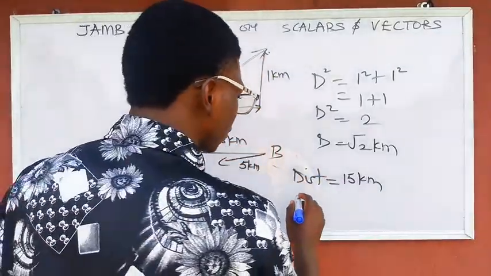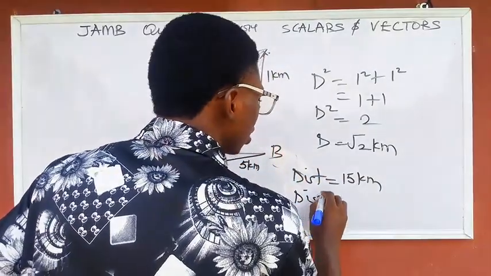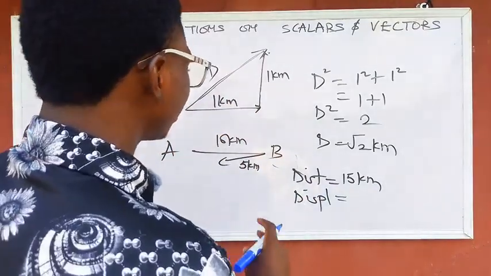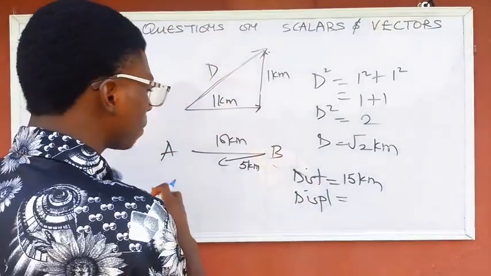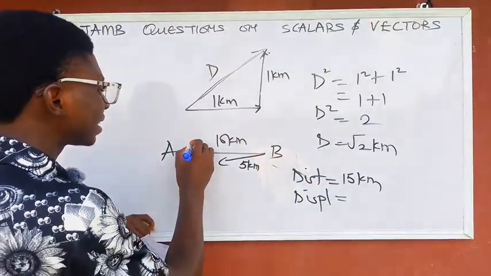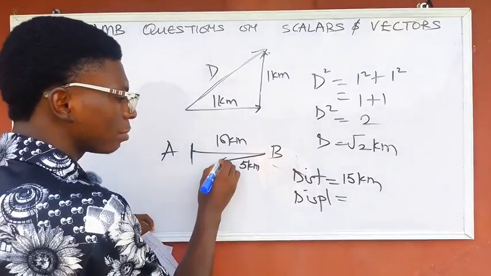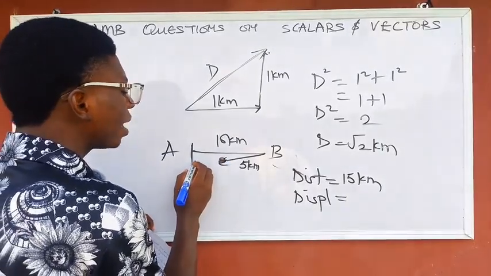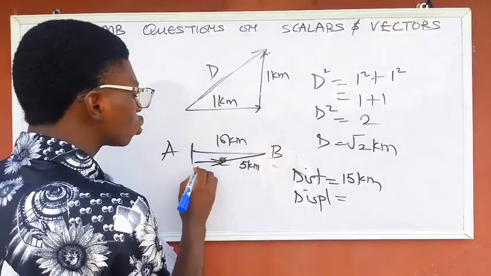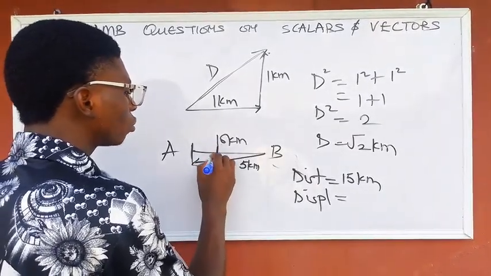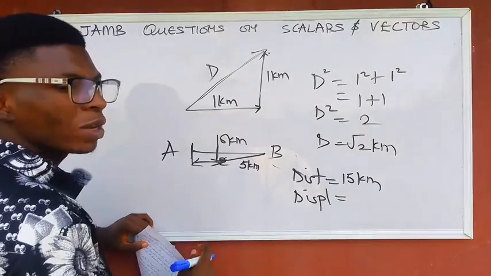But for displacement, please calculate it like that. Displacement will be the shortest distance from the starting point to the destination. So this man started from here and the destination is this place. So you are only going to calculate the length between these 2 points, which is 5.